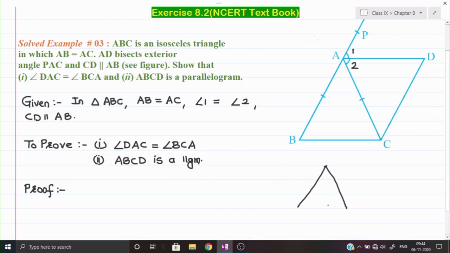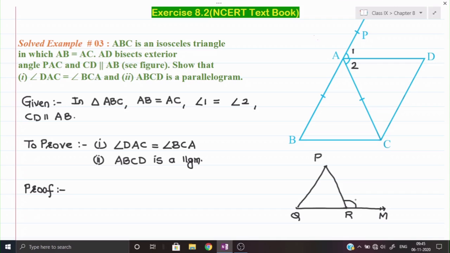Suppose this triangle is named PQR, and if I extend the base up to some length, and give this point the name M.